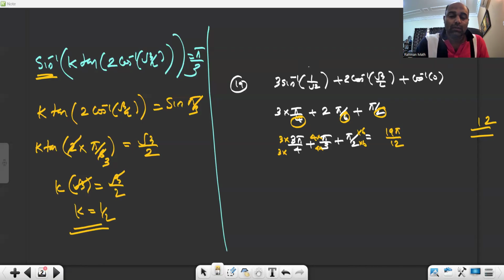Question number 21. Same way, try. Find A separately, find B separately, then add.